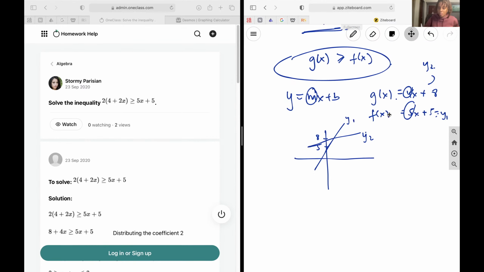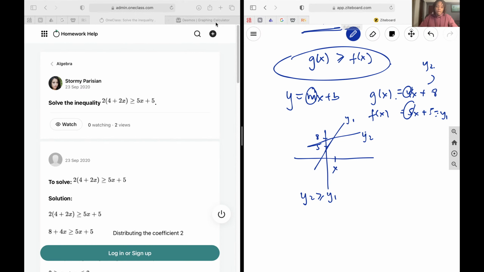So as I said, what this question is asking for is, when is y2 greater than or equal to y1? And so I need to find out what point they meet at this x value, and y2 will be greater than y1 for x values below that.